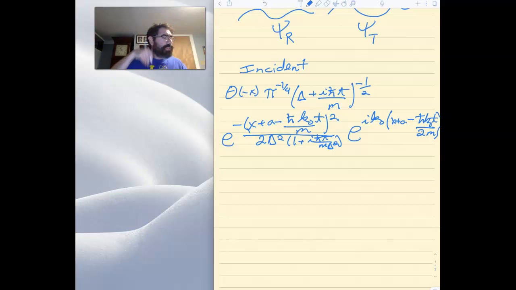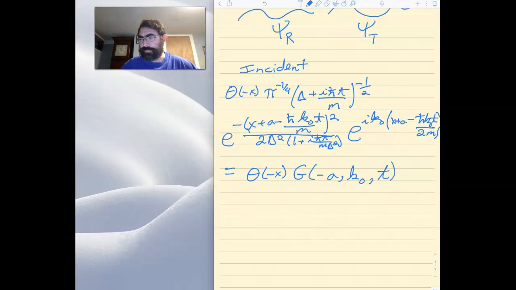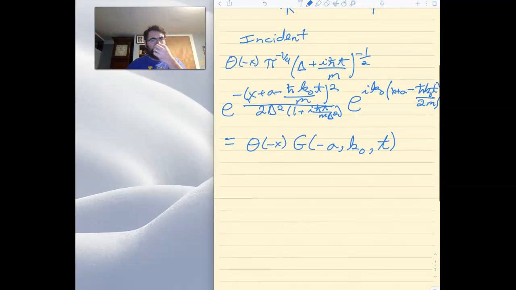Let's incorporate all of the wave packetness into a new function called g, where g is a function of the position, its centroid minus a where it starts, its momentum or wave number, and the time. Why did I write it out this way?